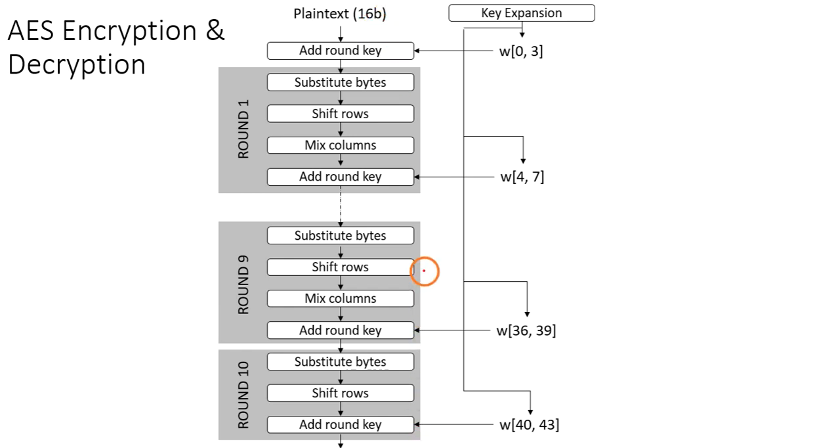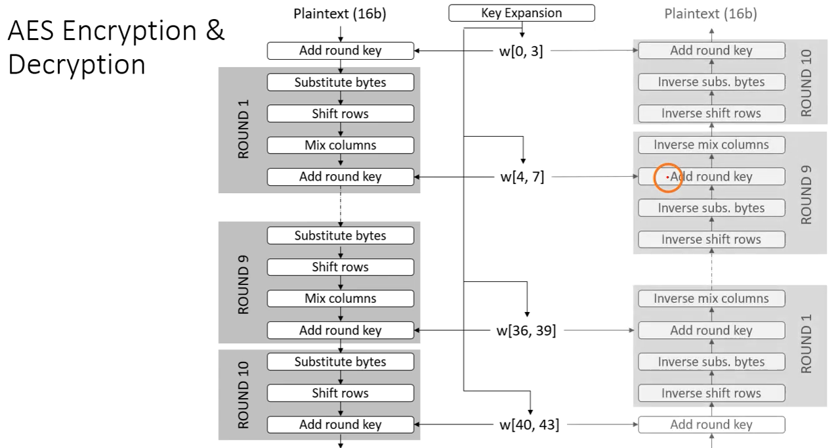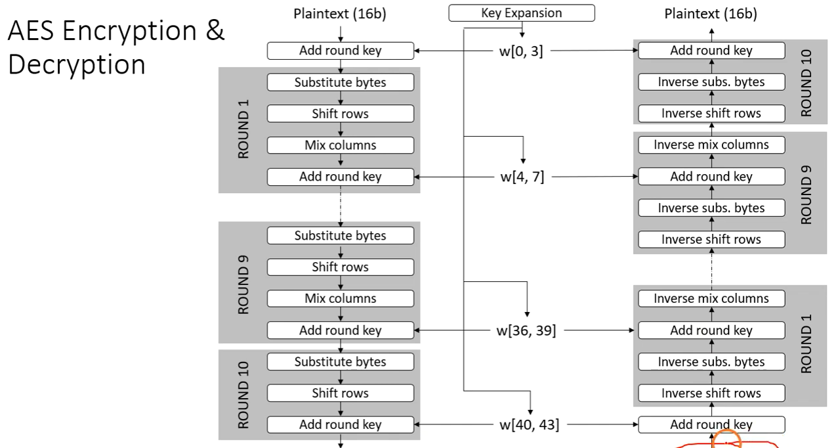Okay, and the decryption process is like this: the ciphertext goes as input to the decryption algorithm, and the first operation is the initial operation, which is add round key. And in decryption, the round 1 operations are different from the encryption round 1.